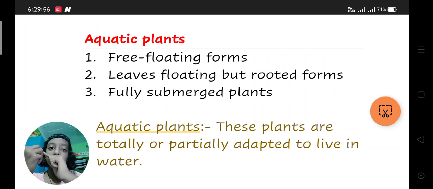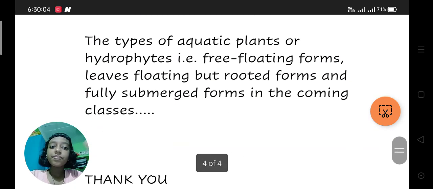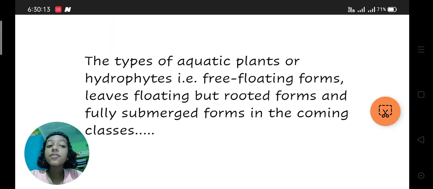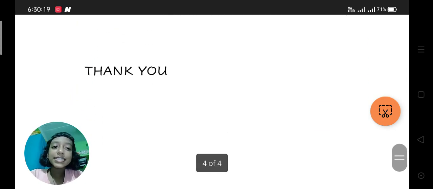Fully submerged plants are not seen on the surface of the water, and are fully submerged, also known as submerged plants. Clear enough? Now we will learn the types of aquatic plants or hydrophytes, in other words the free floating forms, leaves floating but rooted forms, and fully submerged forms, in the coming classes.